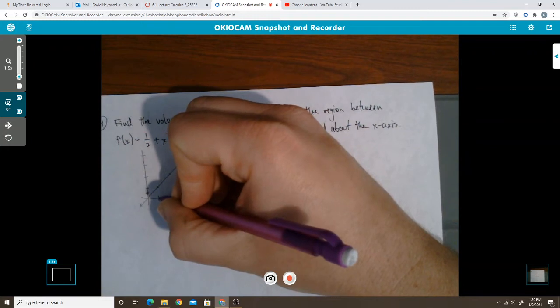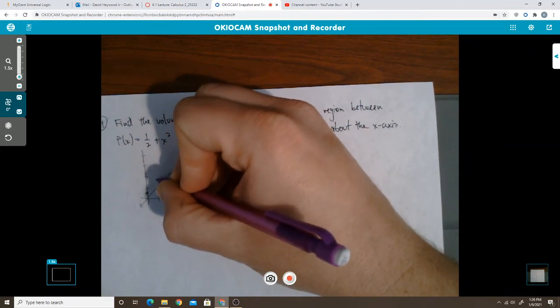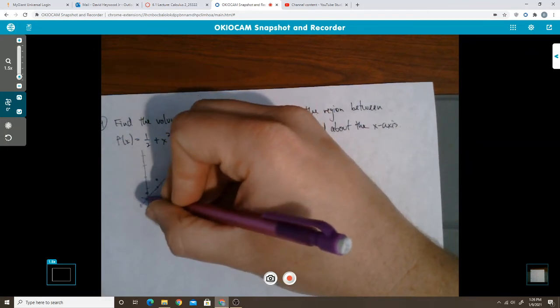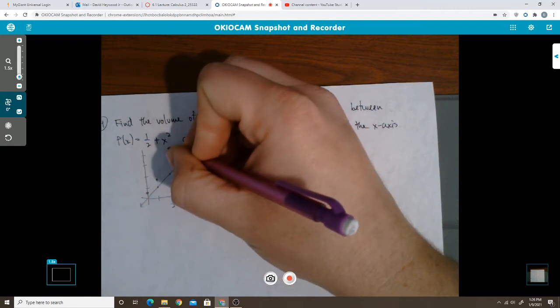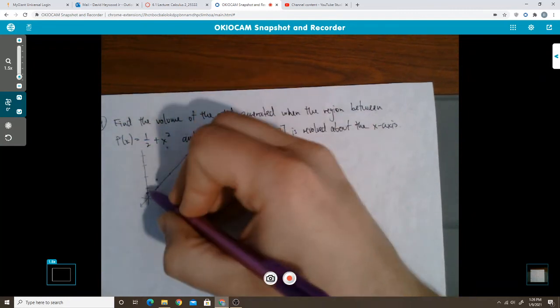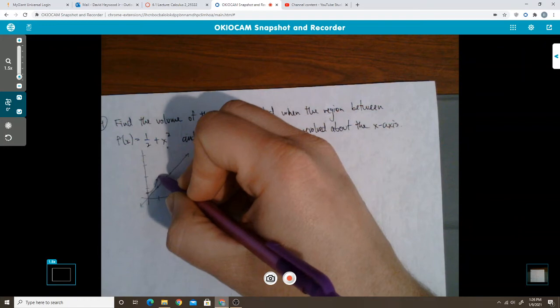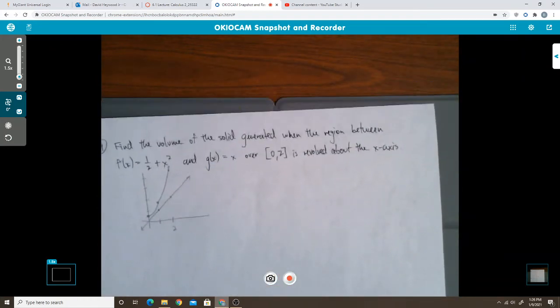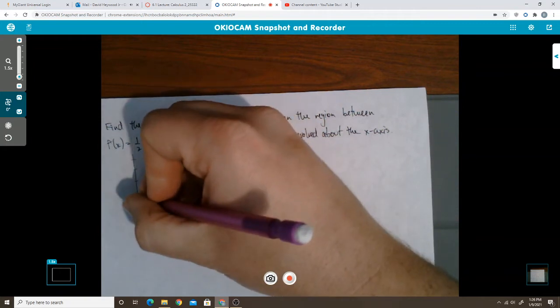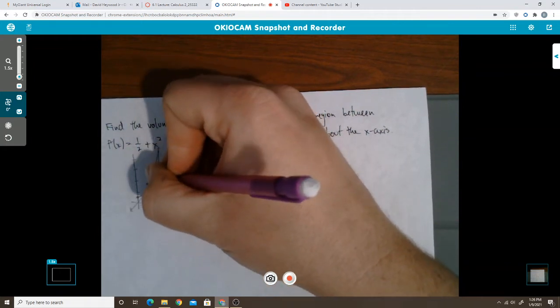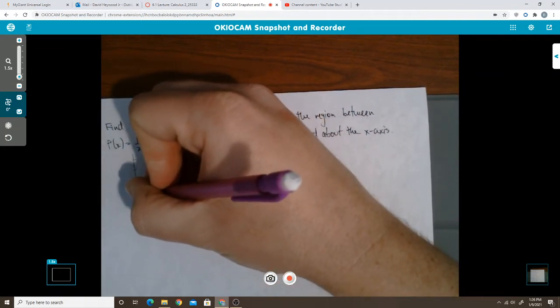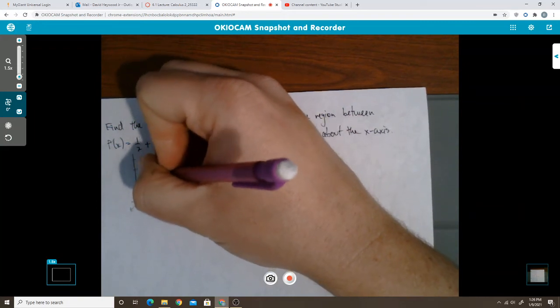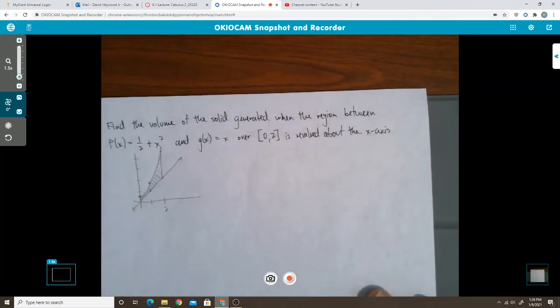And then we go to 1, 1.5, and then we go to 2, 4.5, so like all the way up here, I suppose. But it's going to look something like that. And then we're only interested between 0 and 2. So we get this kind of odd looking shape, which I feel like I didn't draw very well.